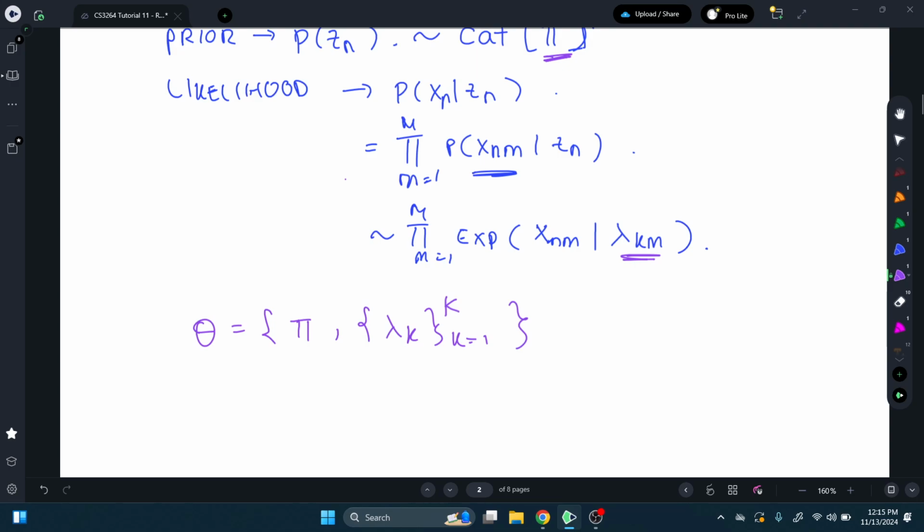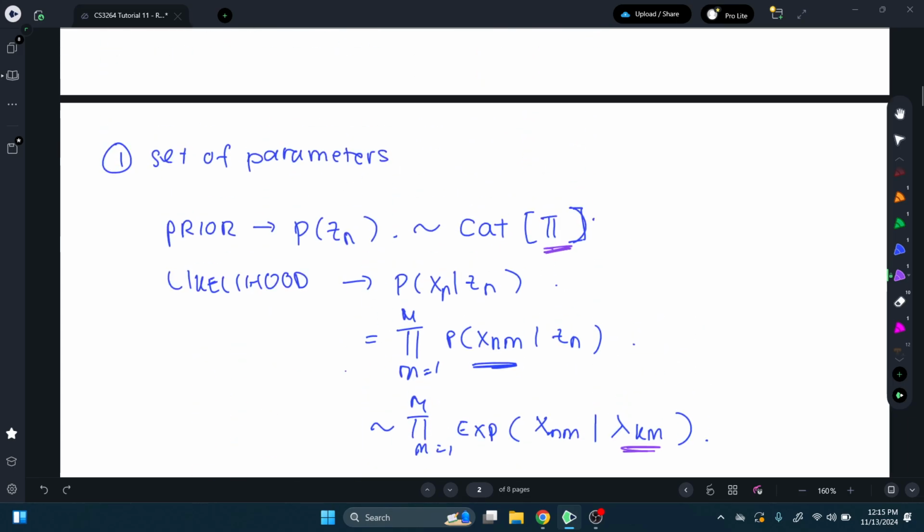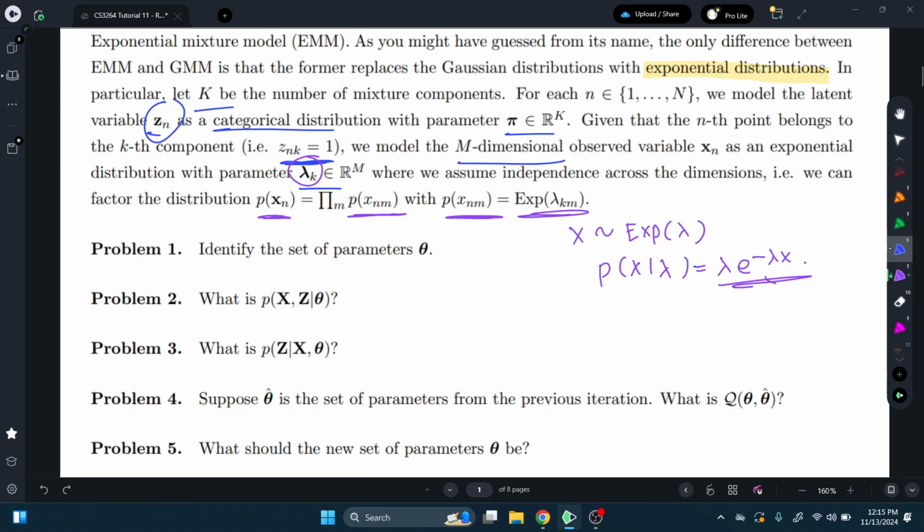So this is how we will parameterize the problem. At first, I will need to specify the prior. Then afterwards, for every single mixture model, we will have its own lambda k. Any questions? Okay, if no questions, now we'll move on to the second one. We want to determine p of x, z given theta.